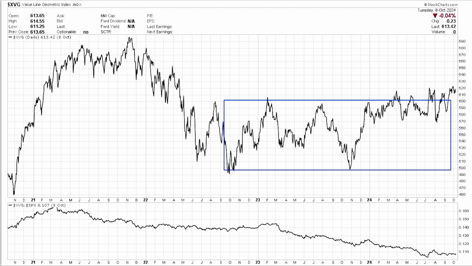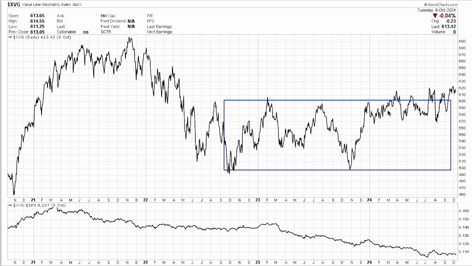The Fed started raising interest rates, and we came down dramatically. If you remember in this period, everything came down. Bonds came down, gold came down, stocks came down, real estate was in trouble. So this was a major bear market. Things like NVIDIA dropped like 70%. So we came down, made a low, and we've basically been going back and forth here.